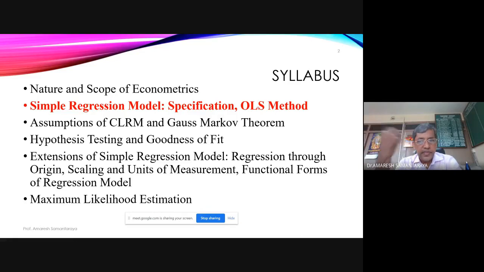Once we specify a model, the next thing is how to estimate it. For that we will use the OLS method, and after estimating, inferences need to be drawn. Before we go to inferences, we'll discuss assumptions, maybe in the fourth session, and then go to hypothesis testing and goodness of fit for inferences.